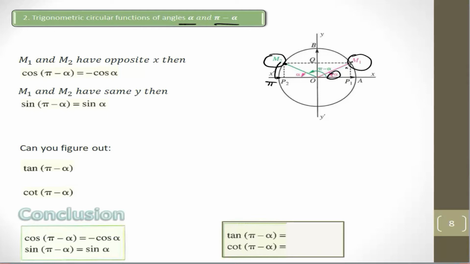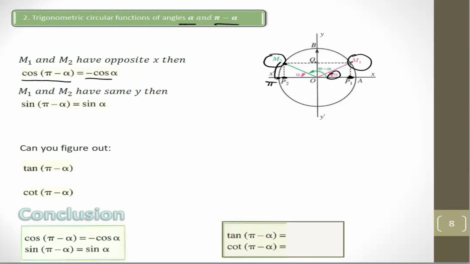The angle of M1 is alpha, the angle of M2 is pi minus alpha. Let's compare x1 and x2 just to conclude the rules. So this is x of M1 and this is x of M2. They are opposite to each other, same value but just opposite sign. So cosine pi minus alpha equals minus cosine alpha, since they have opposite x.